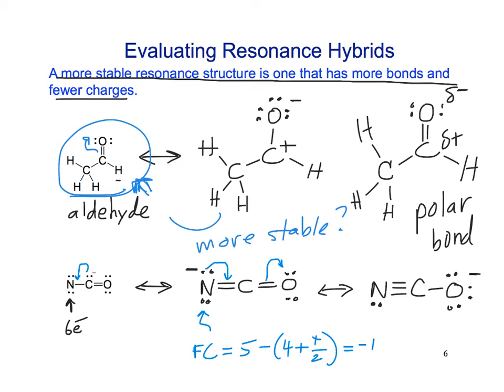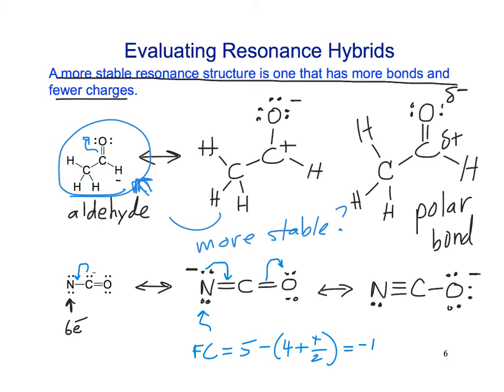Can we decide which of these 3 resonance contributors would be most stable? So let's follow the rule above. We're looking for structures with more bonds and fewer charges. So each one has the same number of charges, right? They all have a minus charge, and in fact, each structure has that minus charge on a different atom.